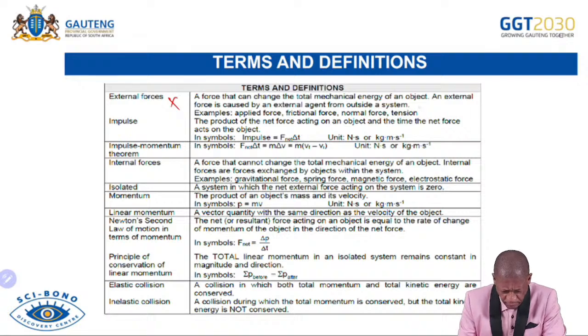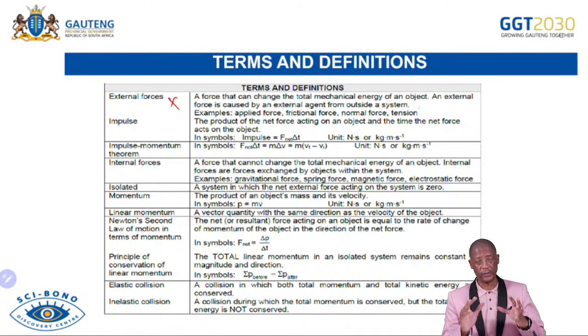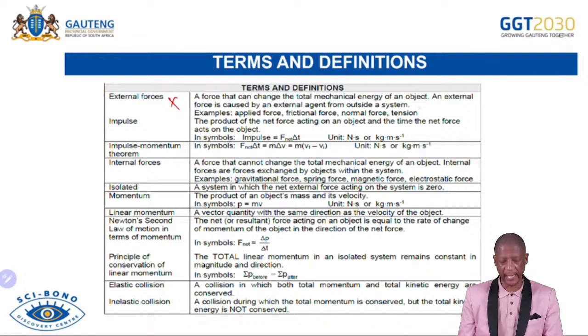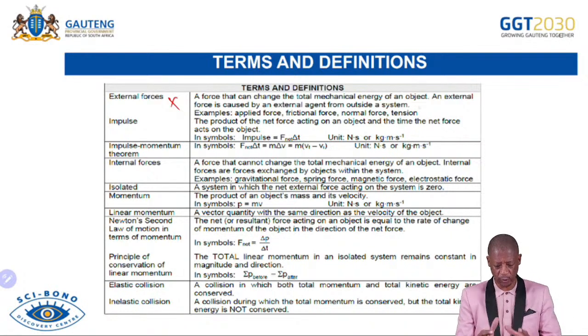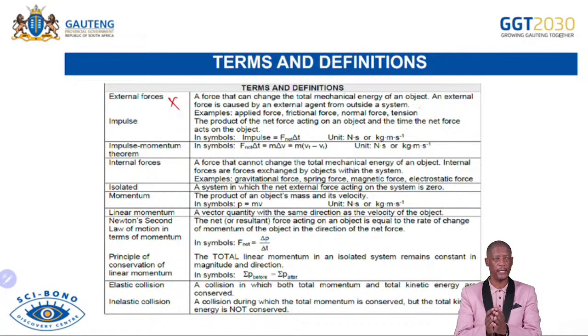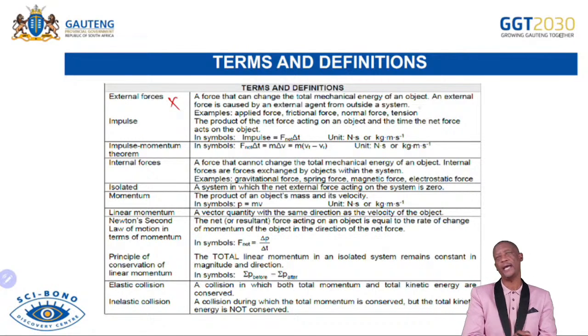An external force is caused by an external agent from outside a system. It is caused by the external agency of a force that is acting on an object. In other words, it's a force that is acting externally.